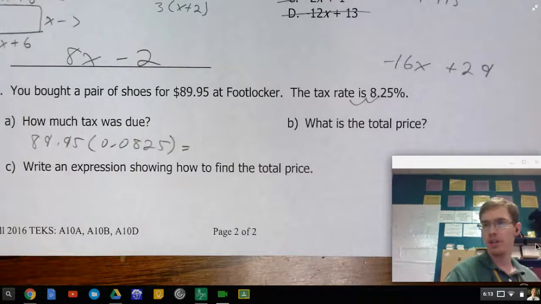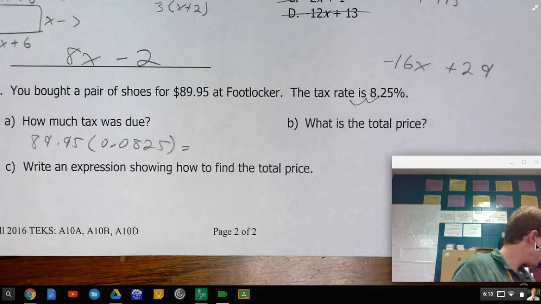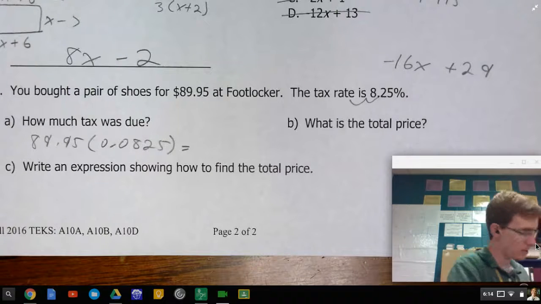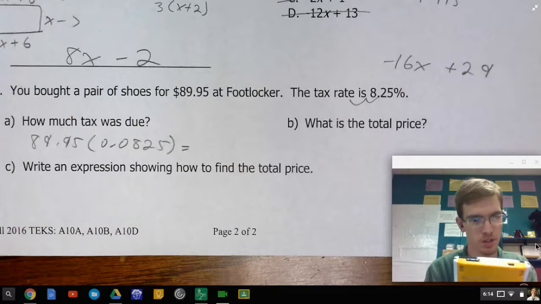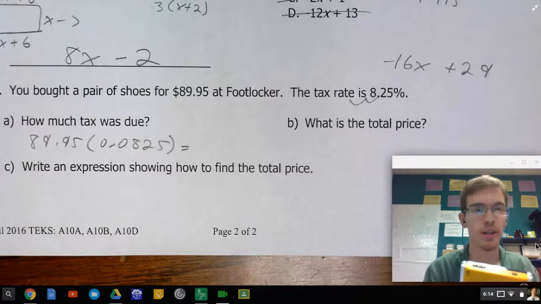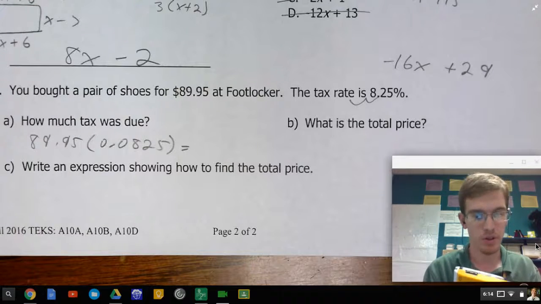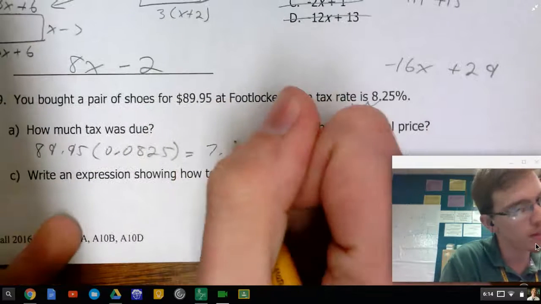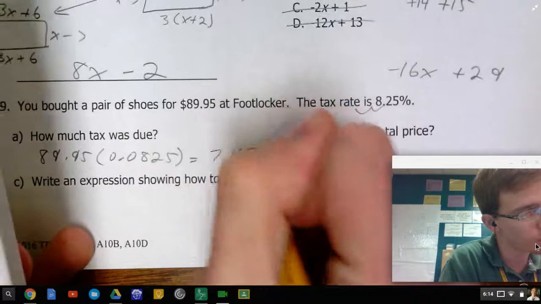Which I do not know off the top of my head. Let's see if I can get my calculator to work. Yeah, there we go. So 89.95 times 0.0825. That is $7, I'm going to round this, $7.42.